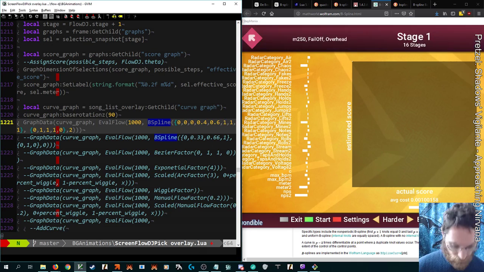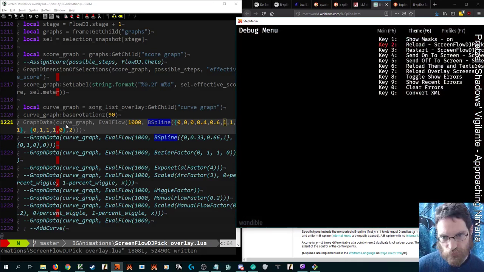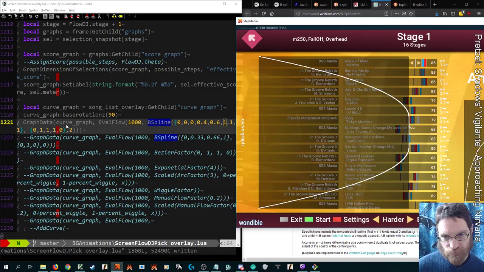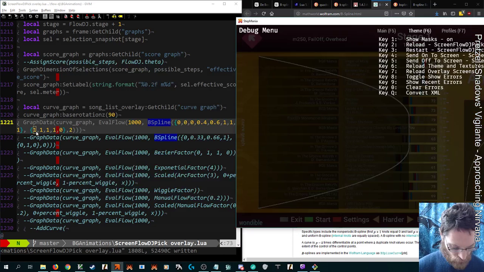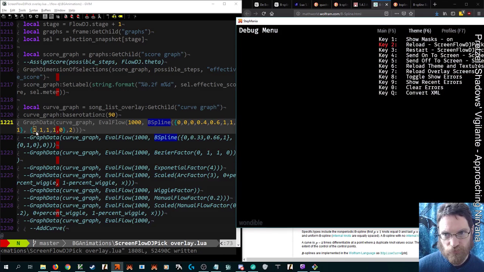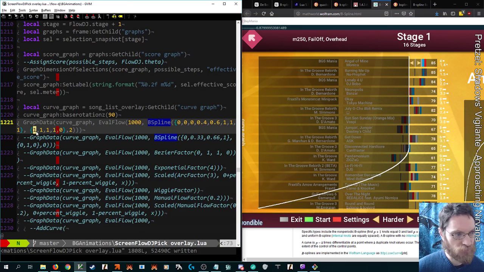Oh, right. Helps if you save. These are control points. So that is affecting the angle of the curve as that exits.